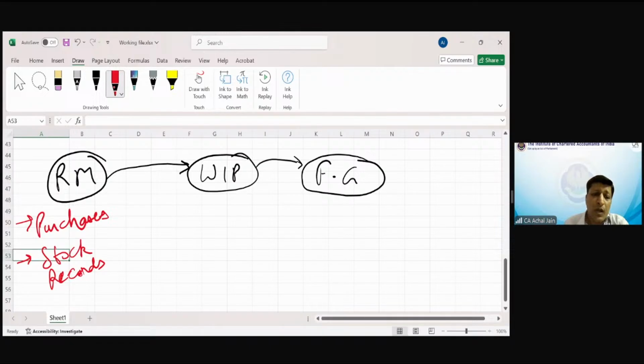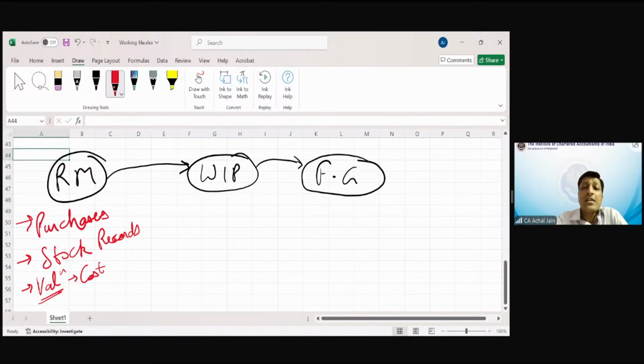Okay. So now, when it comes to the valuation, tell me, how do you value raw material? So valuation, what will become the basis? You will value that at cost. Yeah.